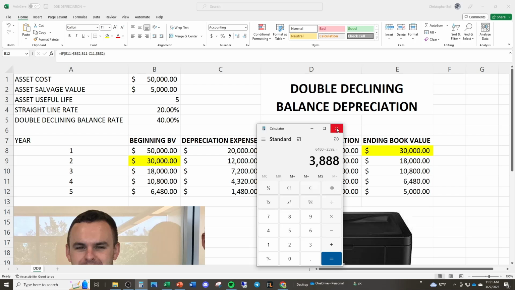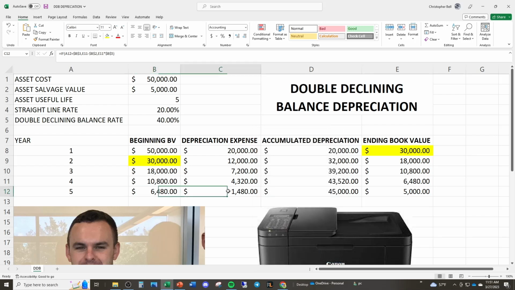So in the last year of depreciation, you have to look and say, okay, where am I at right now? Beginning book value is $6,480. If I multiply this by 40%, is that going to result in my ending book value being lower than the salvage value of $5,000? If that's the case, you have to adjust the depreciation expense to ensure that your ending book value is $5,000.